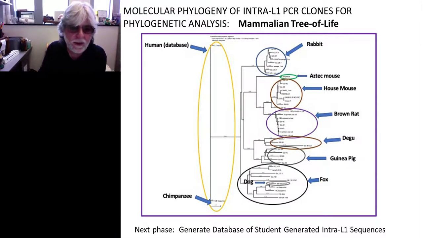And it's pretty consistent with what is known. In fact, what's nice is all the rabbit sequences, you can see the blue circle there, clustered together. The house mouse sequences clustered, with not lots of variation, a little more variation in the degu and the fox.